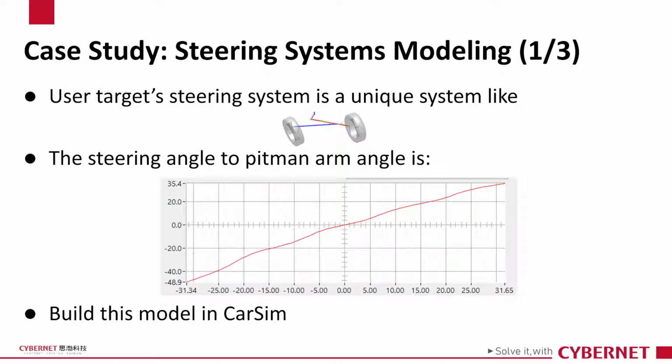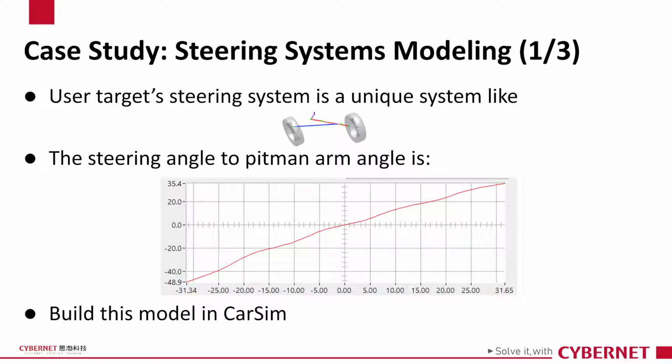In this slide, I will use a use case to show you how CarSim finds problems in your design. In this case, the user uses a unique steering system, like a recirculating steering system. This animation shows a recirculating steering system. The customer actually uses a multi-link arm to control the steering angle.